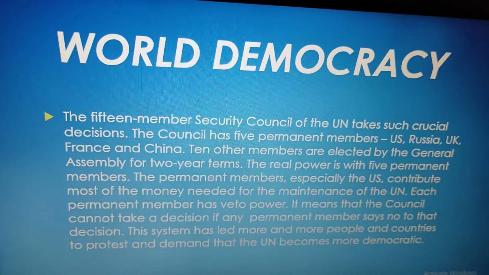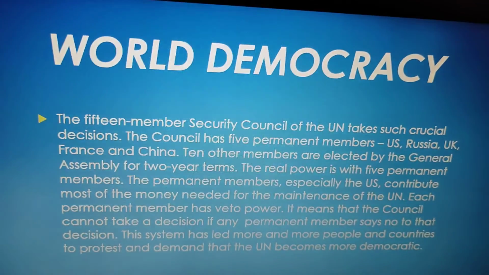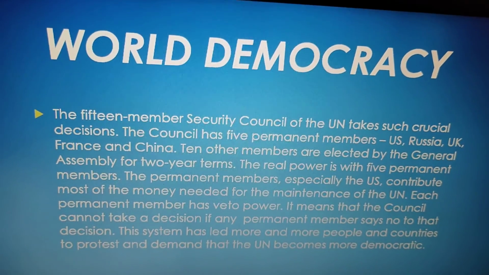So the 15 member Security Council of the United Nations takes such crucial decisions.